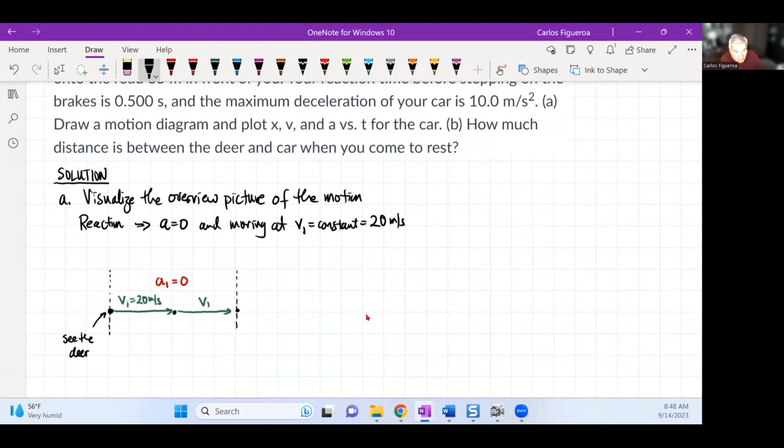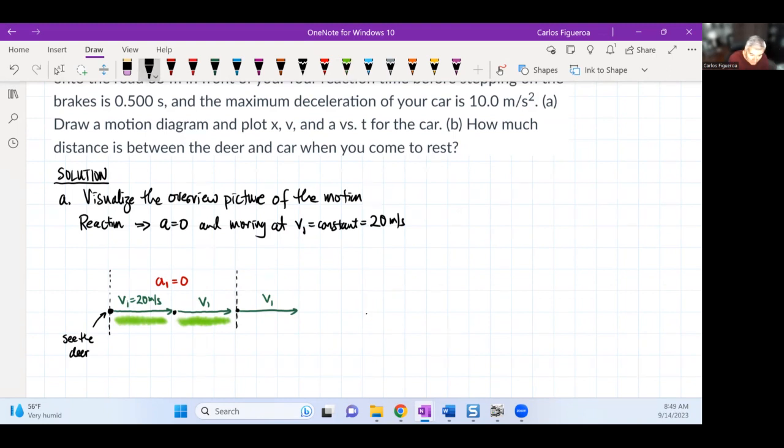It takes you a moment to realize that you need to apply the brake. During this time, you are continuing to move at the same speed because all of my intervals are the same distance.